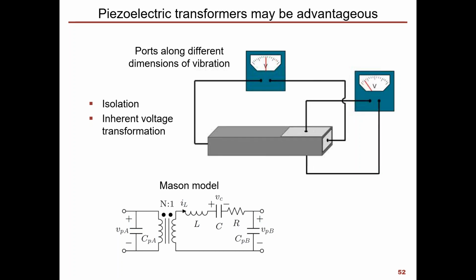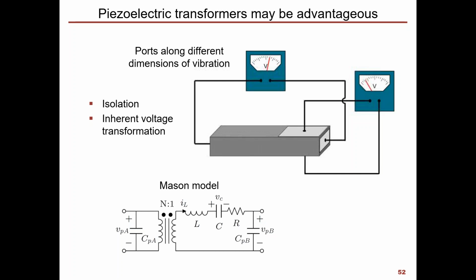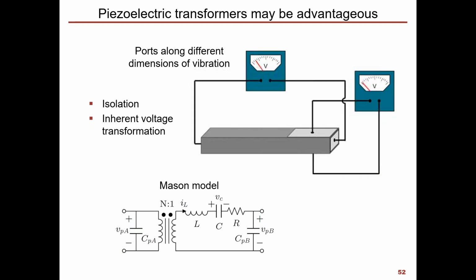And through that process, we get a voltage conversion ratio that has an ideal voltage conversion ratio in the piezo transformer's model, which you see in the lower left-hand corner. So just like the piezo resonator, the piezo transformer has an LCR branch for its mechanical resonance properties. It's got capacitances at its terminals. But again, the advantage here could be the inherent isolation as well as the voltage transformation.